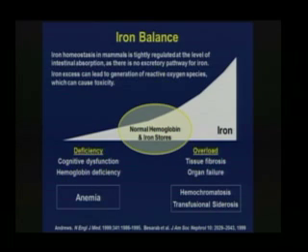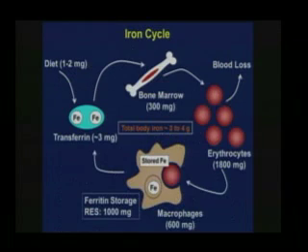If you absorb too much, you lead to iron overload, which can lead to tissue fibrosis, organ failure, hemochromatosis, and transfusion siderosis. Iron deficiency, on the other hand, can lead to CNS dysfunction, including impaired cognition and anemia.